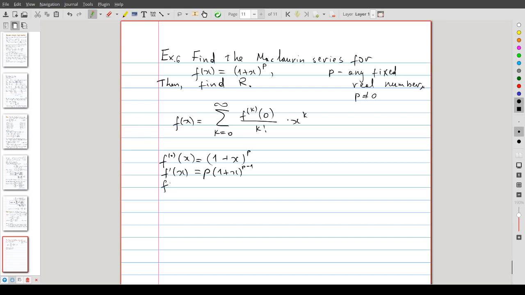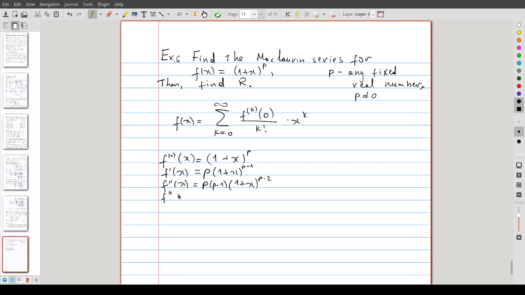The second derivative is, again, I will differentiate the power function using the chain rule, which gives p times p minus 1 times 1 plus x to the p minus 2.